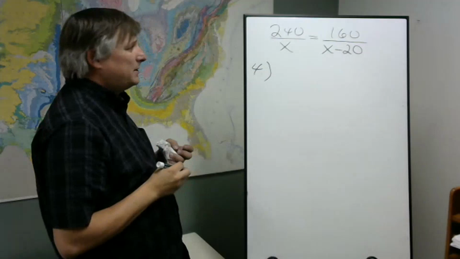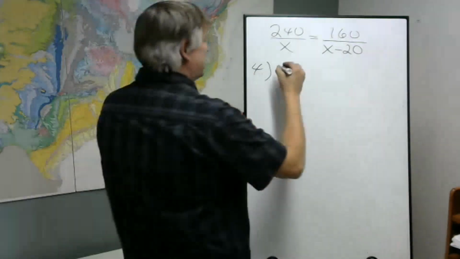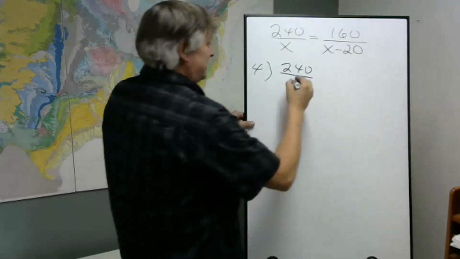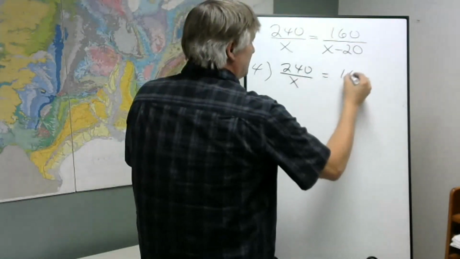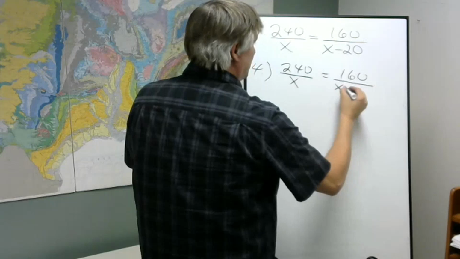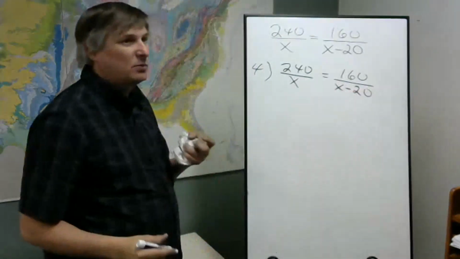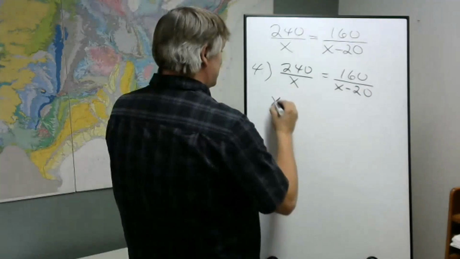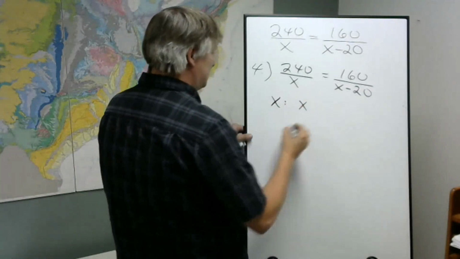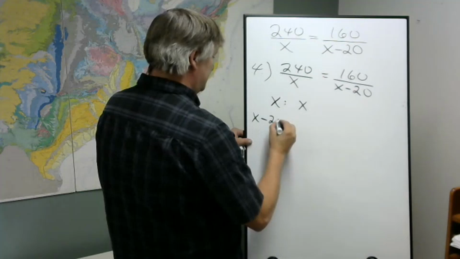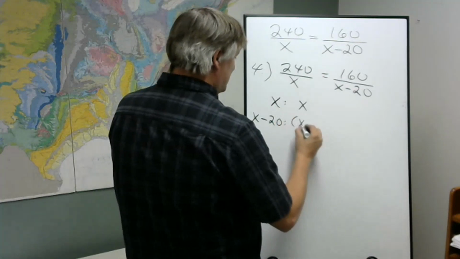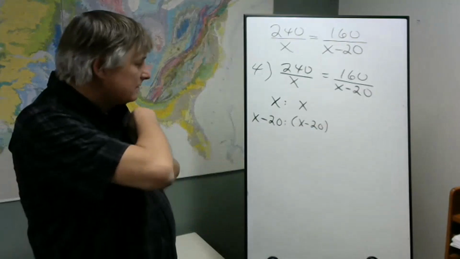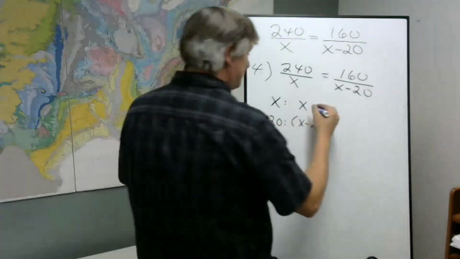So to solve this equation, there's different ways you could go about it. You could, and I'd recommend this, use cross multiplication. Great way to go. Just for consistency, I'm going to stick with the technique we've been using, multiplying through by a common denominator. So we have our denominators. This is x, this is x minus 20. And then what do they need? Well, this one needs x minus 20.